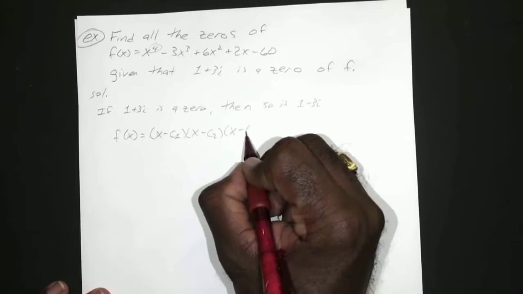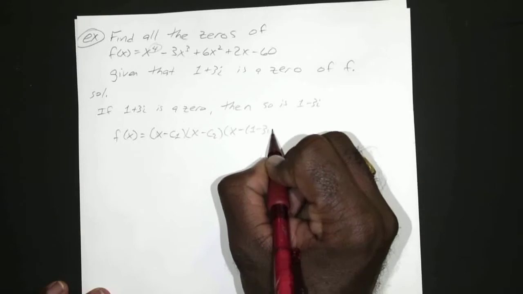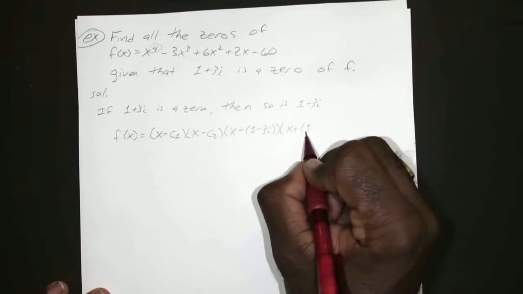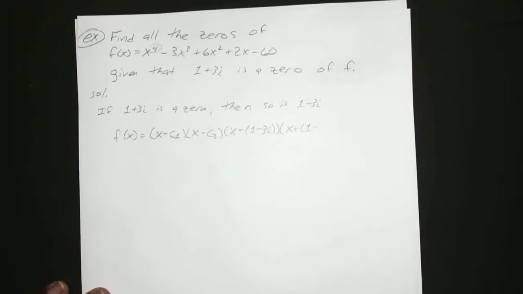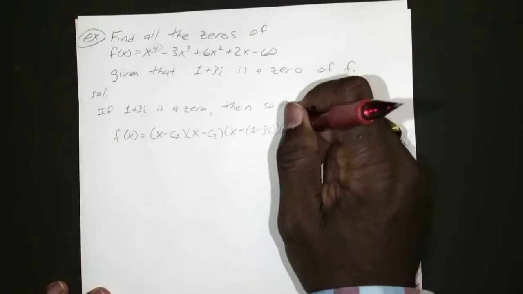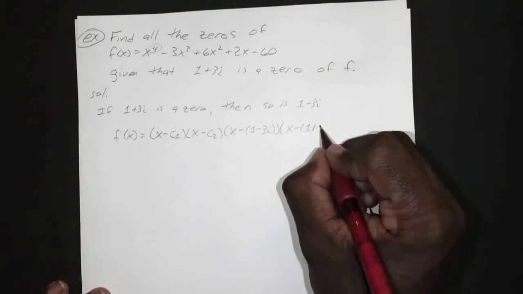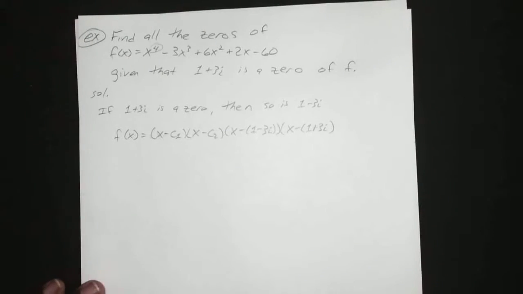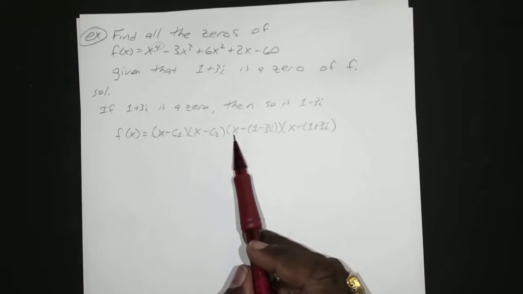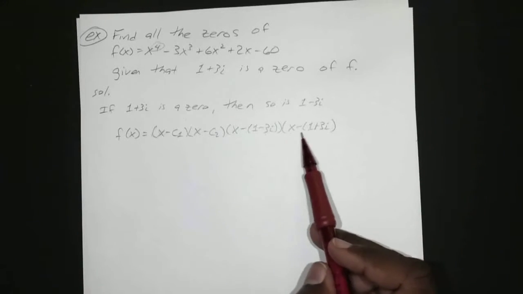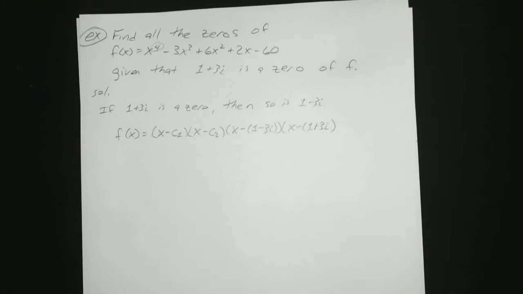So x minus 1 minus 3i times x plus 1 plus 3i. Well, x minus 1 plus 3i. Because you plug in x minus 3i, 1 minus 3i, you get 0. 1 plus 3i minus 1 plus 3i, you'd get 0.